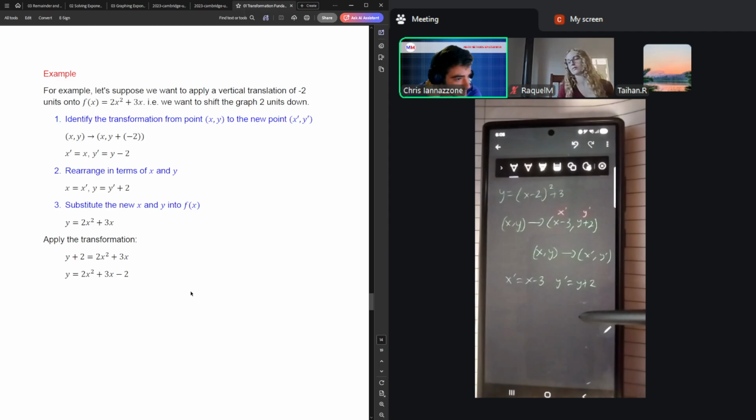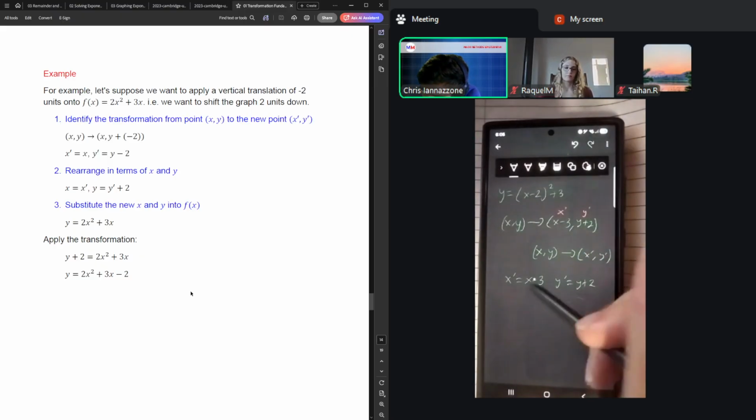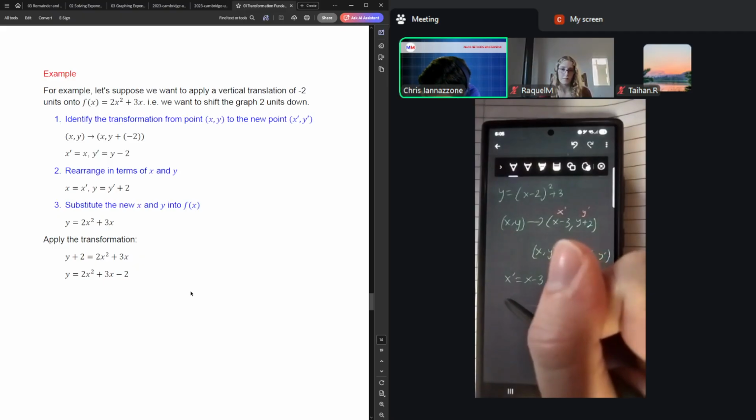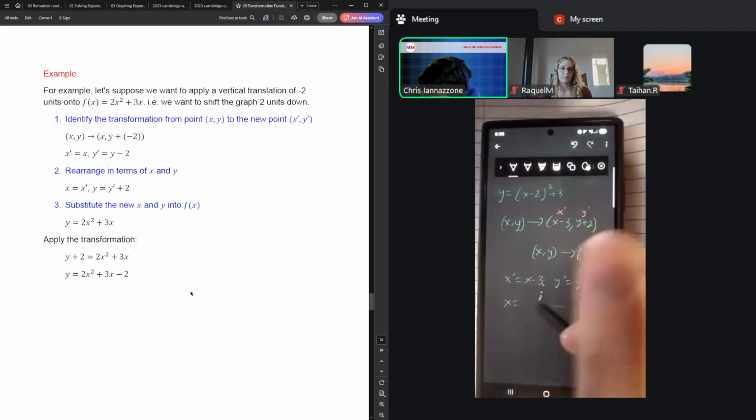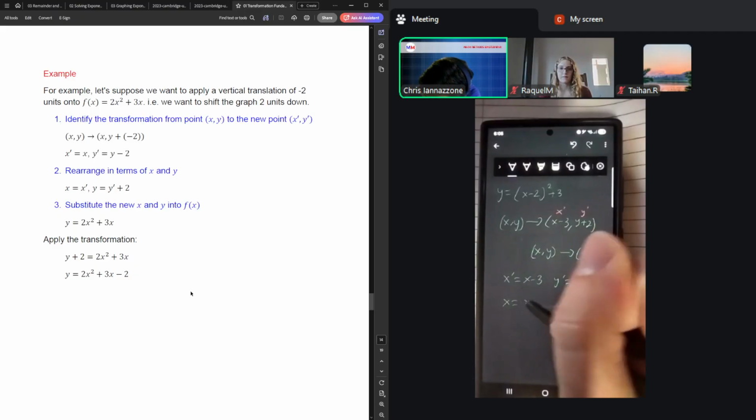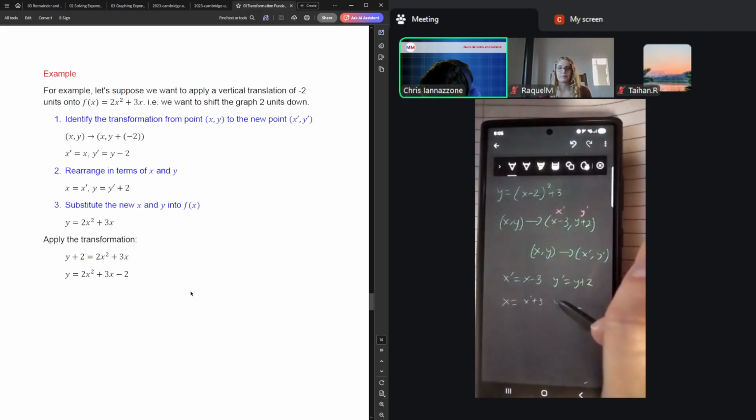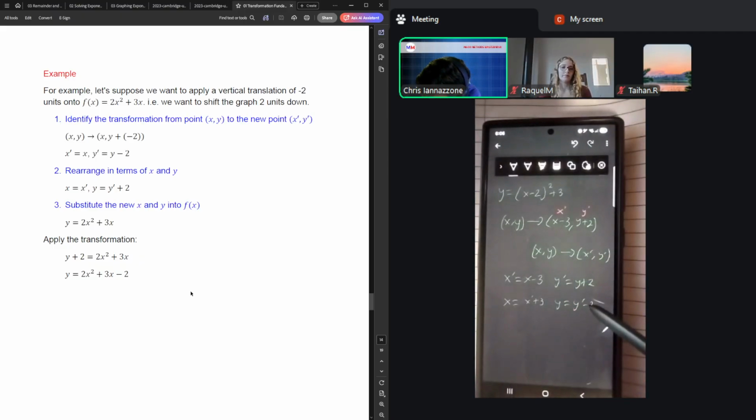You want to rearrange to get the x and the y on their own first and then shove it into the function. So currently we have dashes on these, x dash and y dash. You want those to be out of it. So what you want to end up with instead is x equals x dash plus 3, y equals y dash minus 2. You now have x and y on their own.